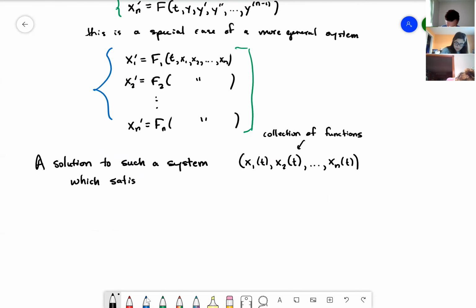So when we've done this, we've replaced all of these y and all of its derivatives with various individual functions. And we want a solution to the system. So it's a collection of these functions which satisfy all of the equations simultaneously.